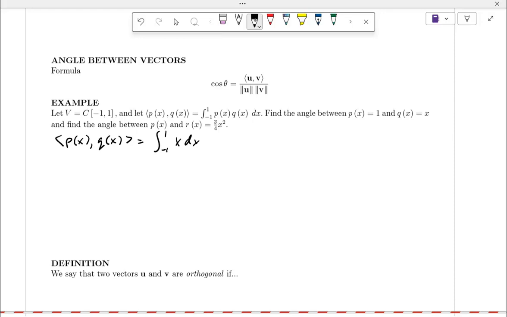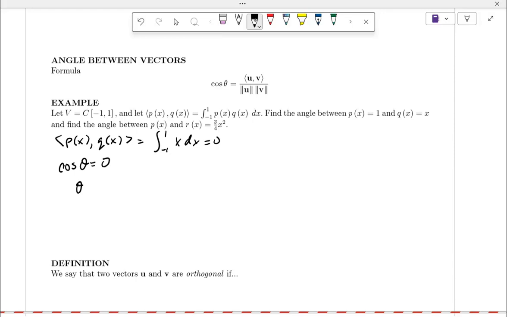I could do the work, but do you know the answer just by looking at it? It's 0, isn't it? x is an odd function, and we're integrating over an interval that's symmetric about 0. You can do 1/2 x squared and plug in your endpoints, you're still going to get 0. But in this case, I do get 0, which means it doesn't matter what the magnitude of p and q are. What's your cosine of theta going to equal?